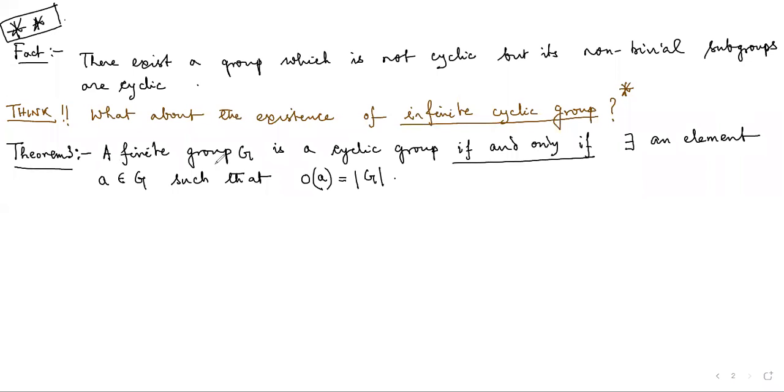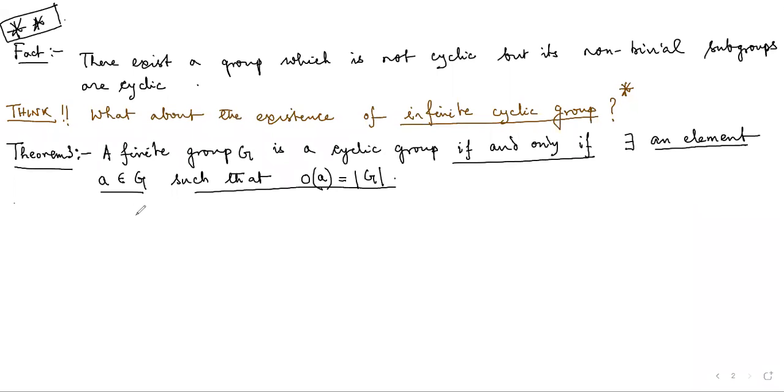A finite group capital G is a cyclic group if and only if there exists an element A belonging to G such that the order of A is equal to the order of the group. If such a thing happens, that is, if the order of an element is equal to the order of the group, then you can immediately say that the group G is a cyclic group.